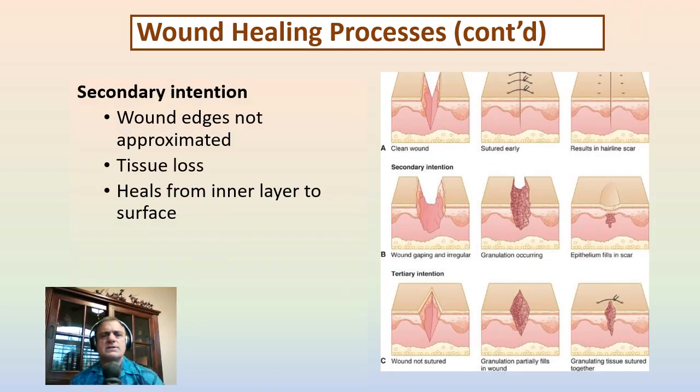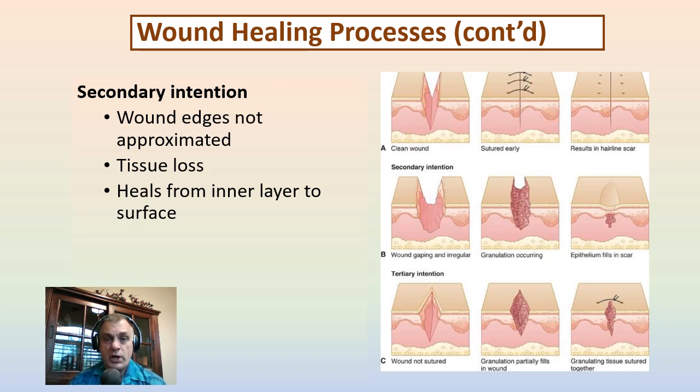Now let's look at the secondary intention of wound healing. Differentiate the categories, remember, of these types of healing process. There's the primary and there's the secondary. Pay attention to what's happening.